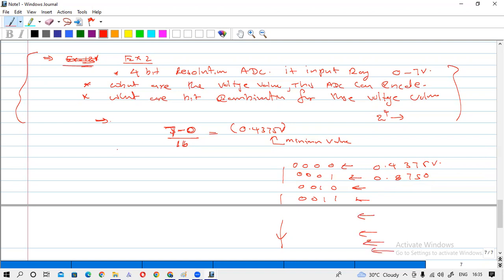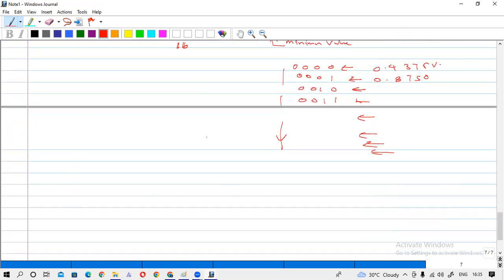Now tell me which ADC is the good one and why. You can easily find this. In example 1, we get a 3-bit resolution ADC, and in example 2, we get a 4-bit resolution ADC.